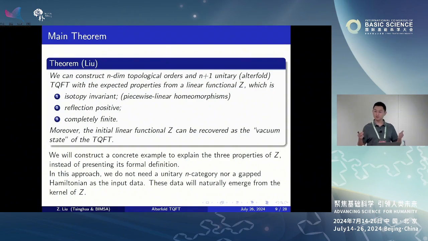And the second crucial condition, well, the first condition is really easy to implement. The second one is really crucial. That's reflection positivity. So we require a certain positivity condition for this function. What's the meaning of that? If we want to define a function on a sphere, then we can cut the sphere in the middle and get 2 disks.